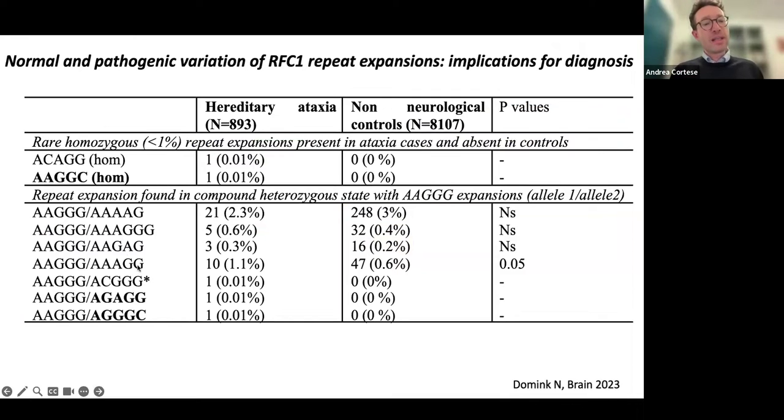And as you see, it's also quite peculiar that all of these pathogenic motifs have a high number of G's and C's in them.